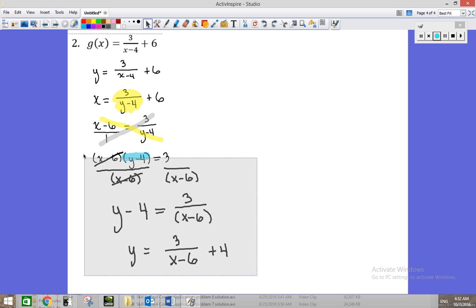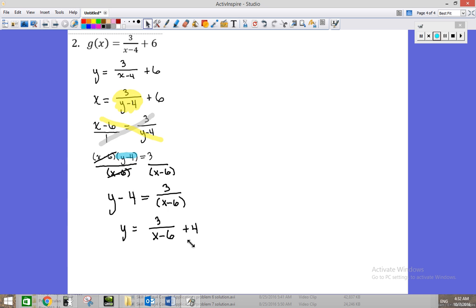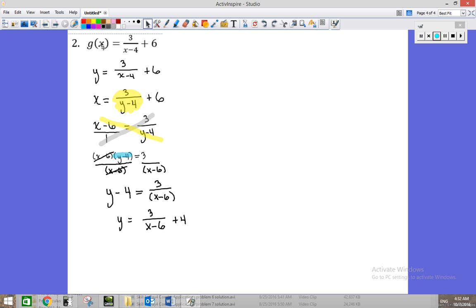So I find it kind of interesting that the parent function of this original function was 1 over x, and this was just 3 transformations on it. The inverse, its parent function, is also 1 over x, and it has 3 transformations.